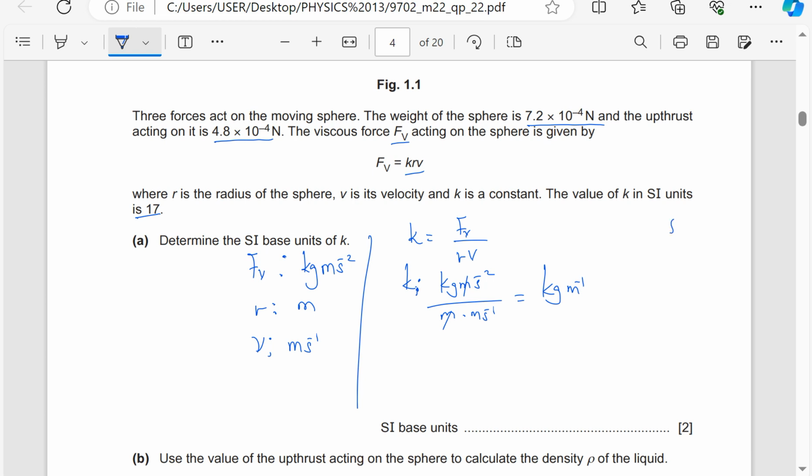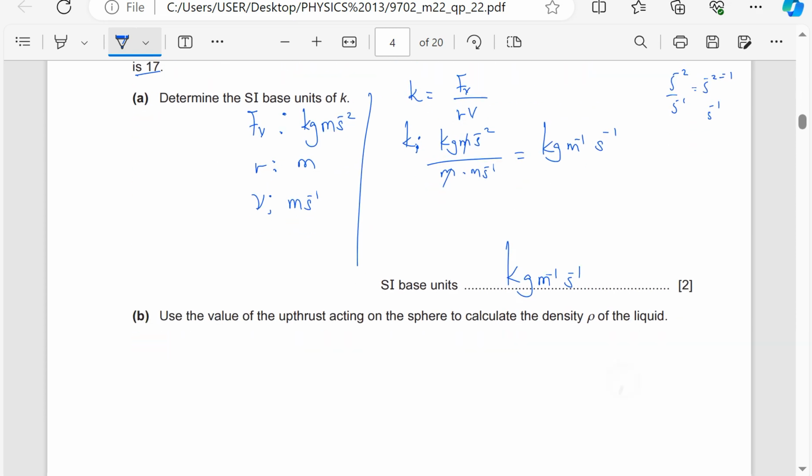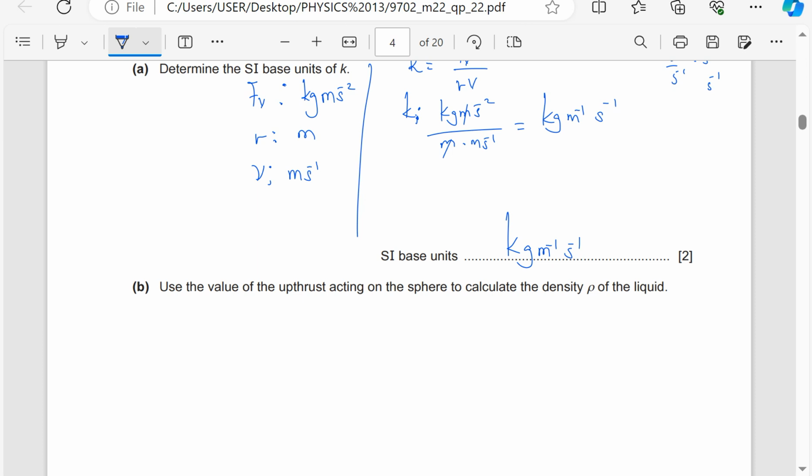Then I have s to the power minus 2 divided by s to the power minus 1, which is s to the power minus 2 minus negative 1, which is s to the power minus 1. So the units are kilogram per meter, s to the power minus 1.